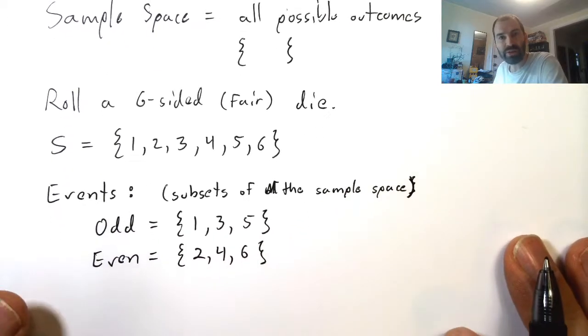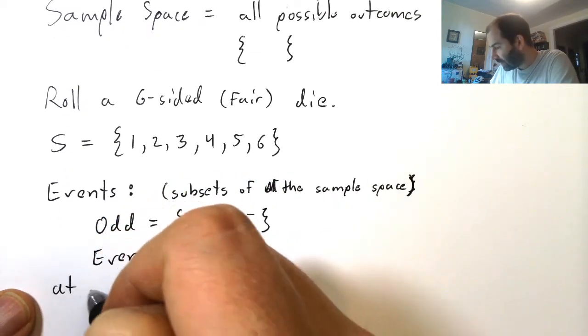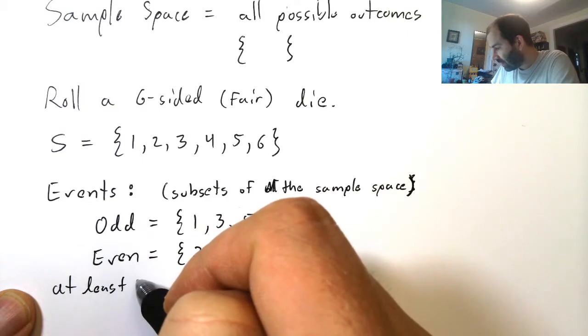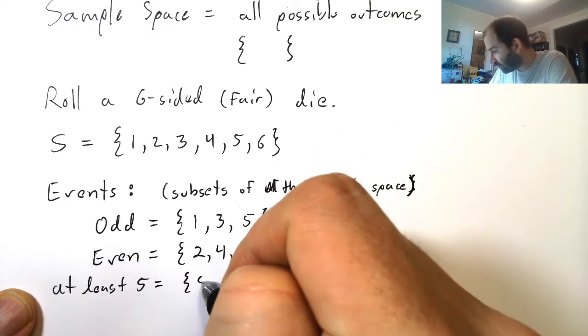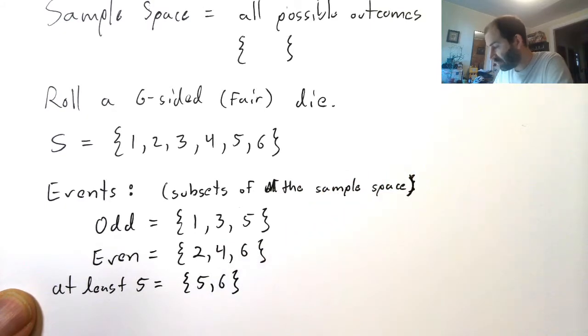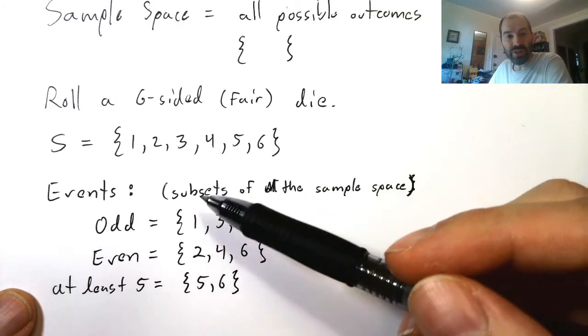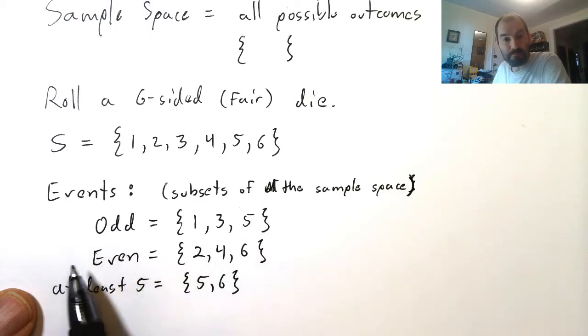What if the event that I was looking for was rolling at least 5? Well, that means that I could roll a 5 or a 6, and that would count as at least 5. So there's my event. So you can see each event that I come up with has an associated set with it.